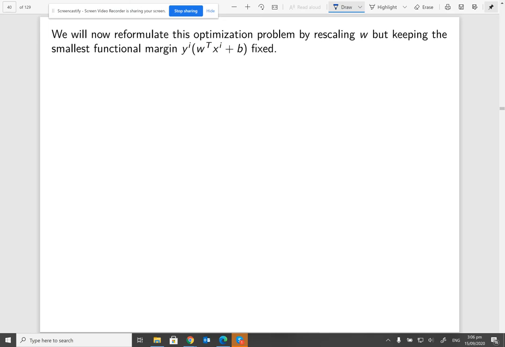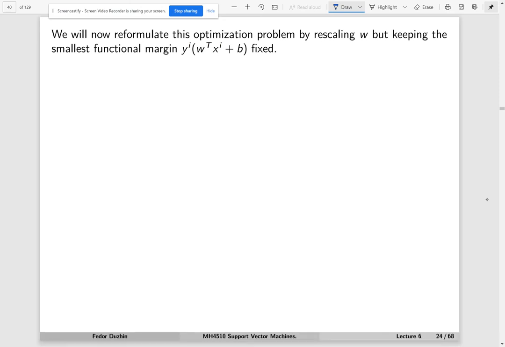Right, so one more time. The distance R_i from the i-th training point to the hyperplane is given by the equation y_i times (w transposed x_i plus b) over the norm of w.